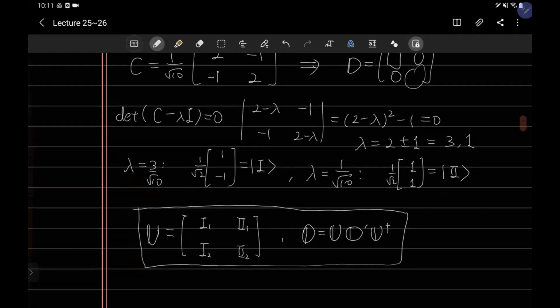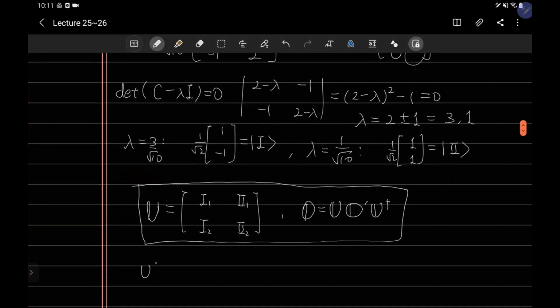By using the formula, the unitary matrix can be obtained using each of these components. All of them will have 1 over square root of 2 in front, so let me rewrite that: it is 1 over square root of 2, with the first column 1 and minus 1, and the second column comes from this one, which is 1 and 1.